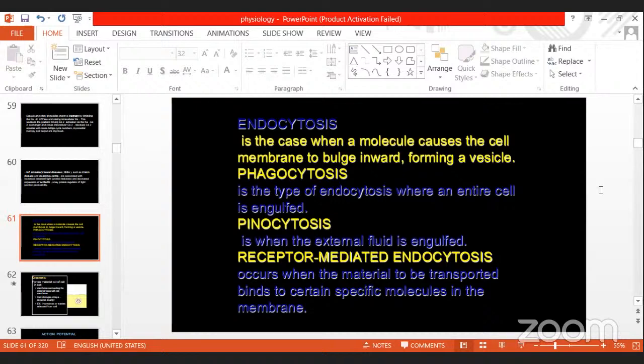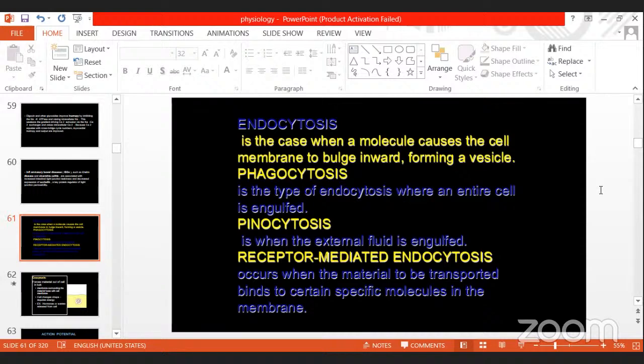So commonly we say cell eating and cell drinking. Cell drinking, or pinocytosis, is for water molecules. And the next one is receptor mediated endocytosis, where some substances bind to specific receptor molecules in the membrane.